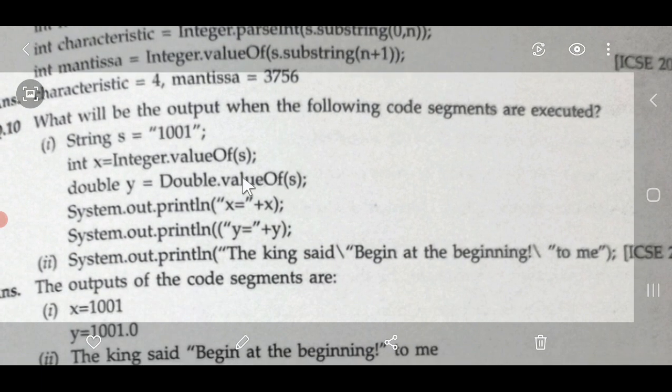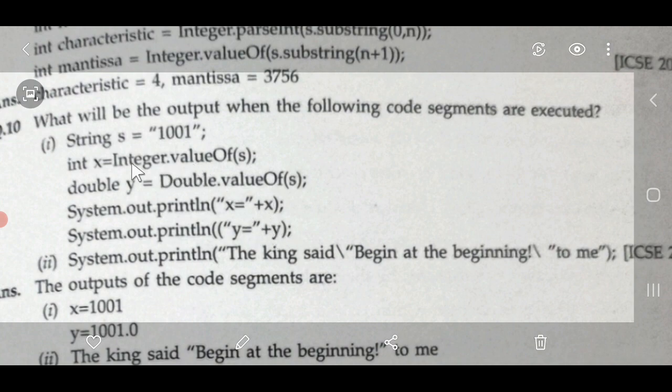Now, what will be the output when the following code segments are executed? 1001 is a string in double quotes. So Integer.valueOf converts it to integer type, and then they are asking for the output of x, y.